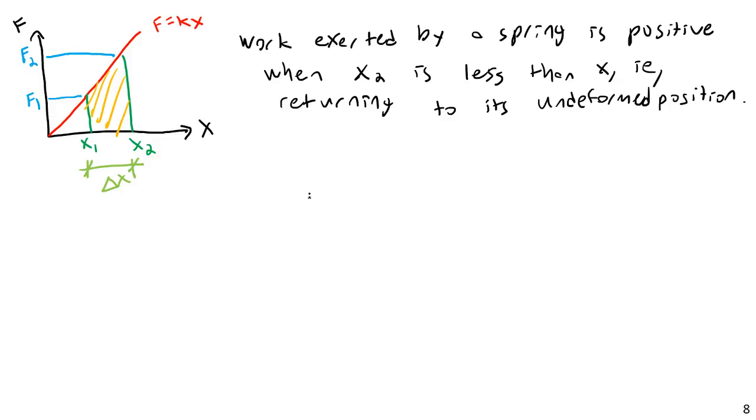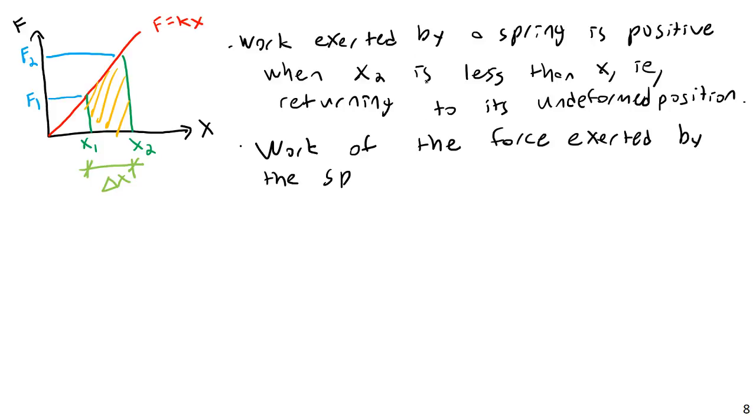But we know this, so how does that not clash with this? Well, the way we can balance this is by saying that the work of the force exerted by the spring is positive when x2 is less than x1.